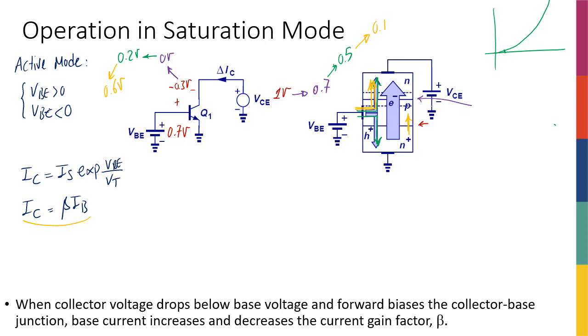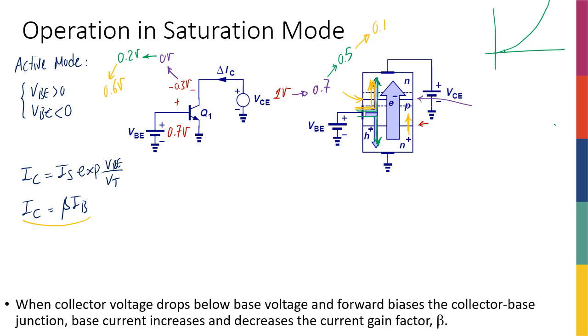At the same time, I have this major current going from the base to the collector, due to the forward bias of the PN junction between base and collector. Because of all this, I'm going to analyze this in the next few slides, but we will see that a lot of the equations we have had up to now relating the currents in different terminals are not valid anymore.